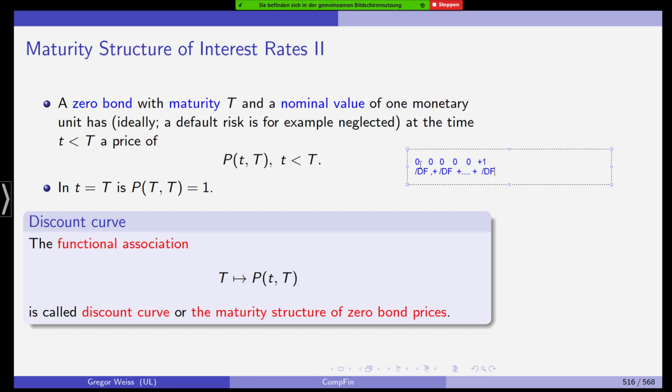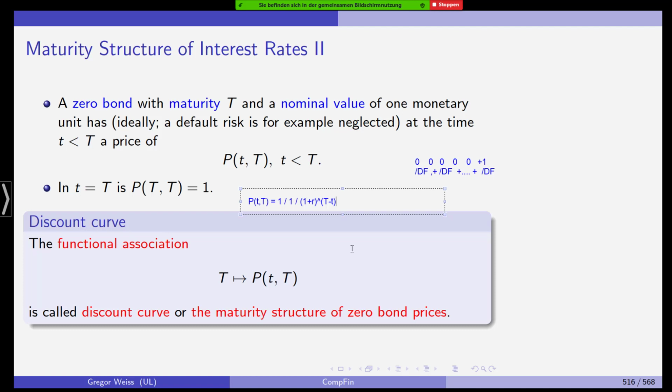If we don't have any coupons, you can actually see that the price from t to capital T is actually 1 divided by (1 plus r) taken over the remaining maturity of this bond.